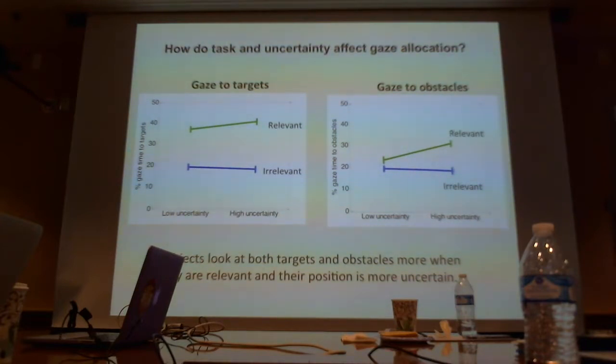It depends on whether it's something you need to do or not. When you are told to be sure to avoid the obstacles, then the uncertainty matters. If the obstacles are irrelevant and not defined as obstacles, then it doesn't matter.